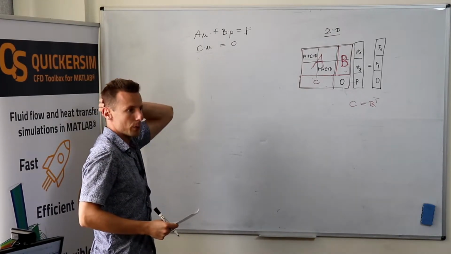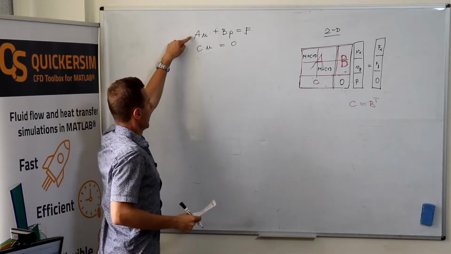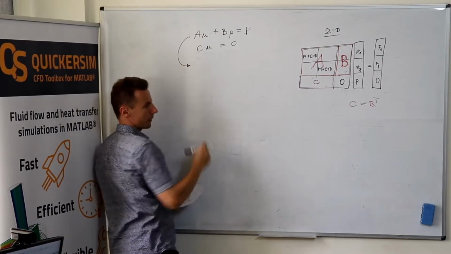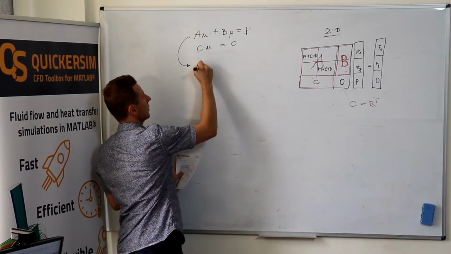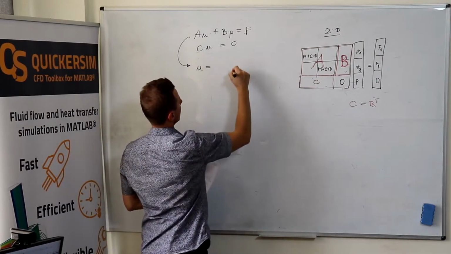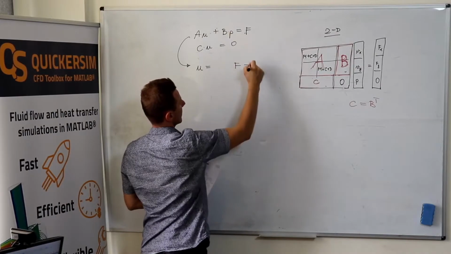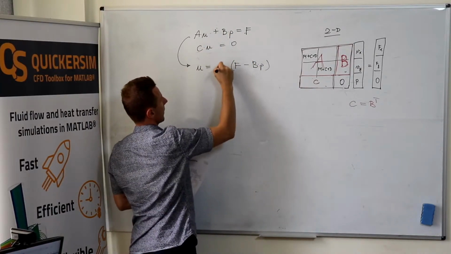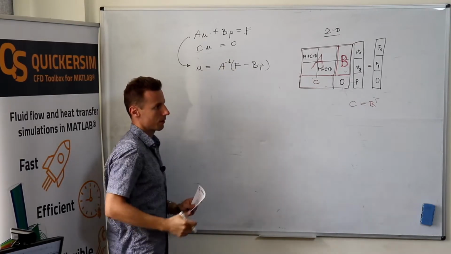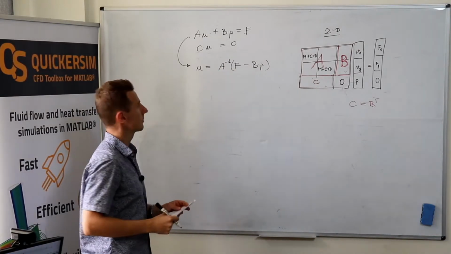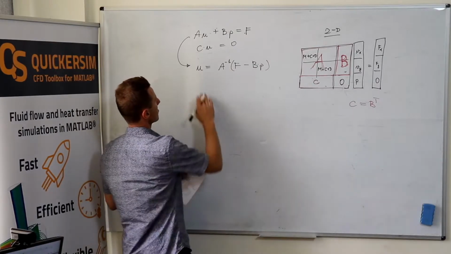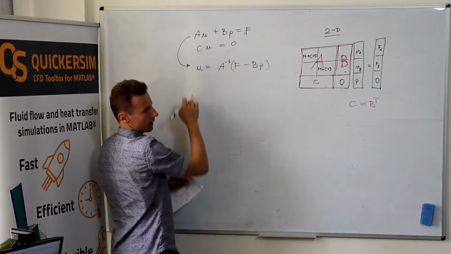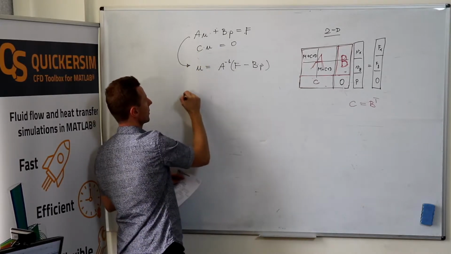Now, what can we do with that? We can use the first equation to calculate what U is analytically. U is F minus B times P, and then let's take the inverse of the matrix. And since we already have U, let's plug it into the second equation.